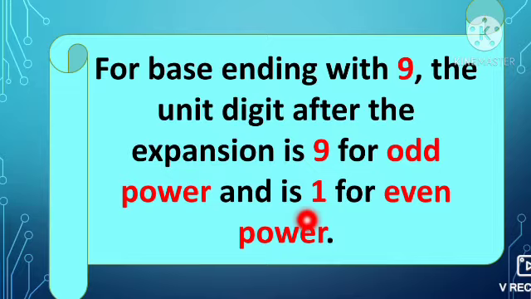That is, the number 9 is multiplied by itself 2 times, that is 9 into 9, which is 81. See the unit digit? Yes, in 81, the unit digit is 1. So students, for odd power, the unit digit after the expansion is 9. For even power, the unit digit after the expansion is 1.